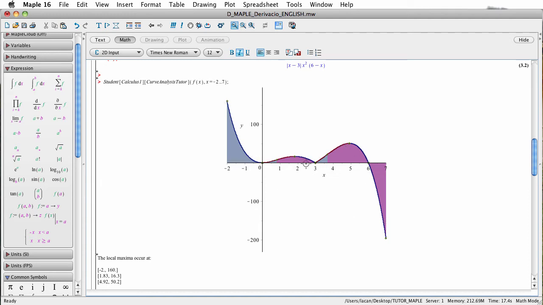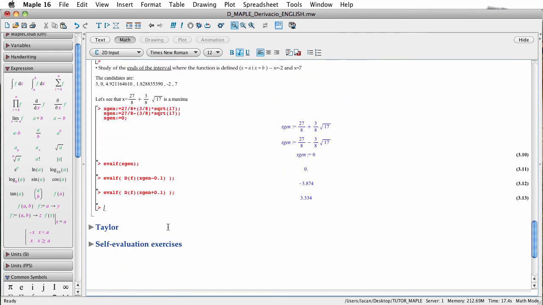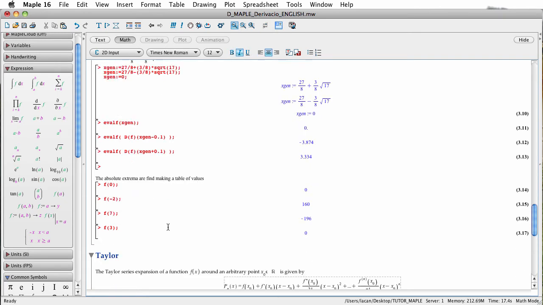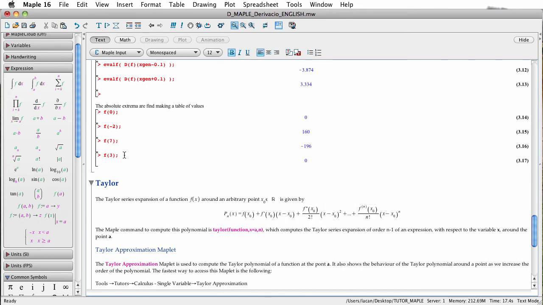Then in order to get which are the absolute extrema, you just have to evaluate the function at the points. So for instance, the absolute extrema are found making a table of values. For instance, let's see, f of 0, f of -2, f of 7, and now we also need f of 3.